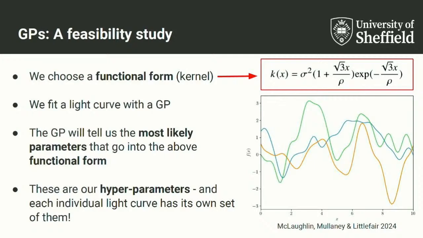And what you do is you run a Gaussian process on a light curve with this variability kernel, and it will return for you the most likely parameters that go into that kernel, given how your data is varying. Okay, and these are called hyperparameters. And so every individual light curve is going to have its own unique set of hyperparameters depending on how it is varying.